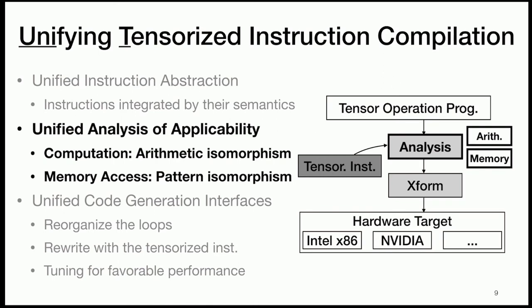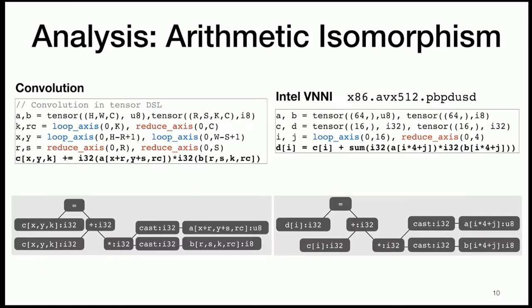Next, I will demonstrate how the analysis and transformation use this information to determine if and how a tensorized instruction is applied on a given program through an example, whose tensorized instruction is Intel VNNI and the tensor program is a convolution. To determine the applicability of VNNI on a convolution, the very first question to answer is whether the computation of the convolution can be represented in VNNI.